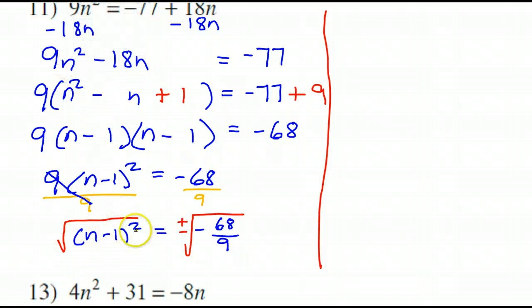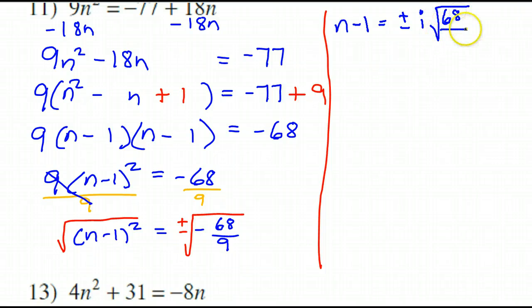So the radical and the square cancel out. So we will have n minus 1 is equal to plus or minus. Now this negative sign is going to become an i. Okay? So I've got i, and I've got the square root of 68 over 9.